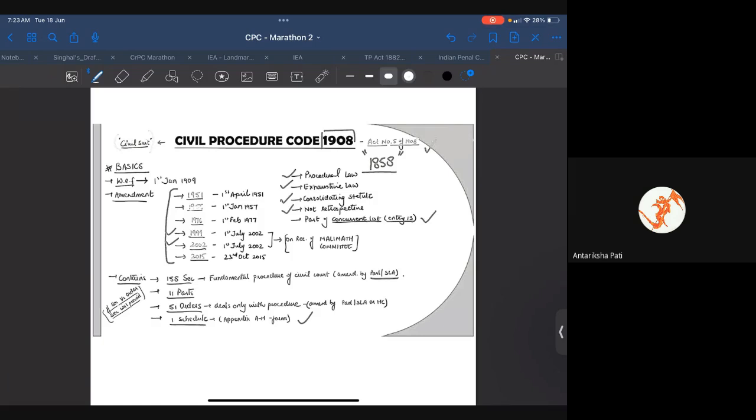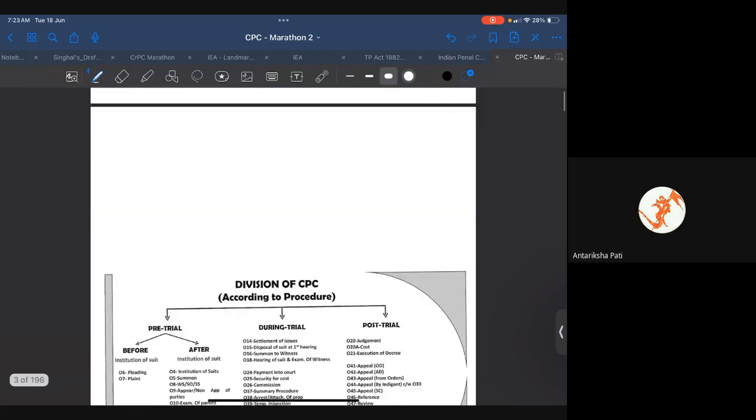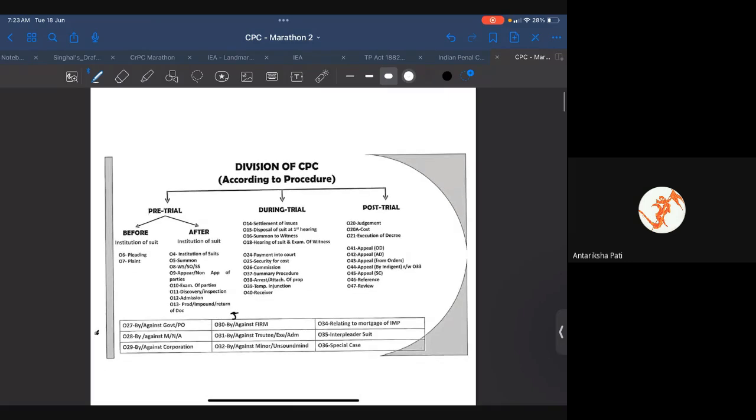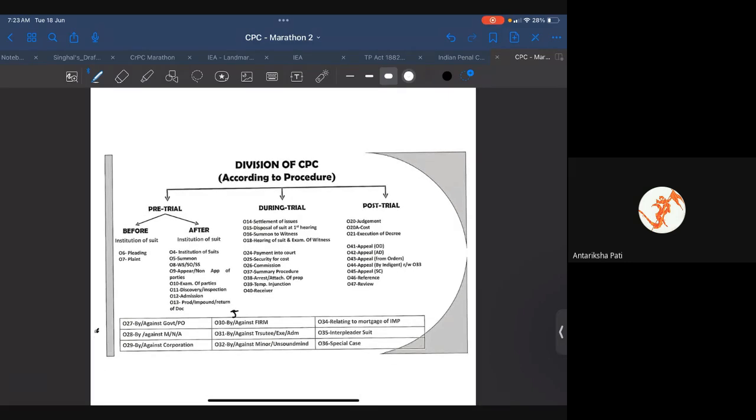Next is the division of the CPC according to the procedure. You may have a look. Pre-trial, Order 6 and Order 7; then after the institution of the suit, Order 4 to Order 13; during trial, Order 14 to 40; and post-trial, Order 20 to 21, and then 41 to 47.